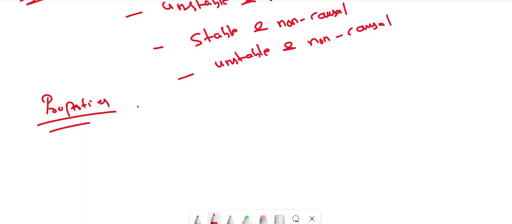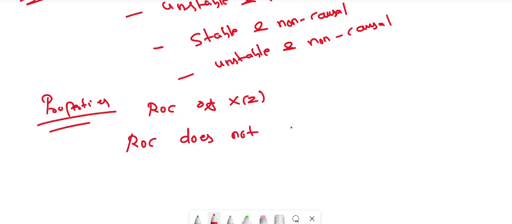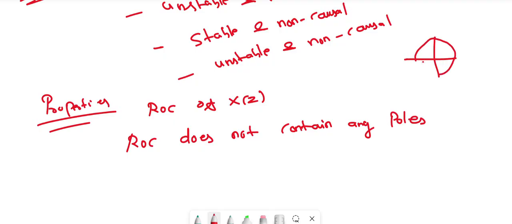The ROC of X of z consists of a ring in the z plane around the origin. The ROC does not contain any poles.